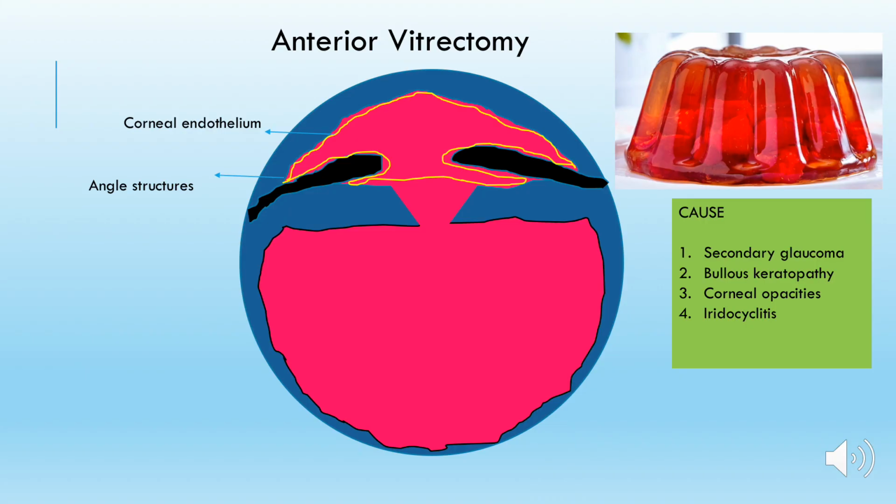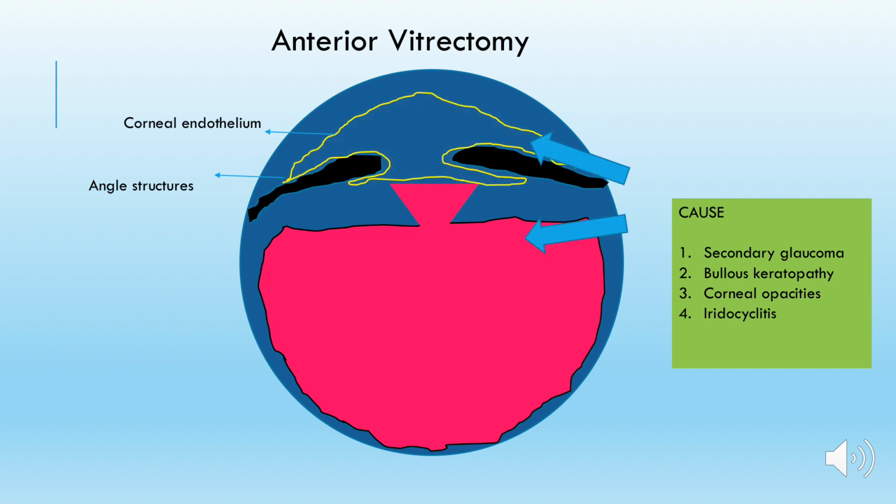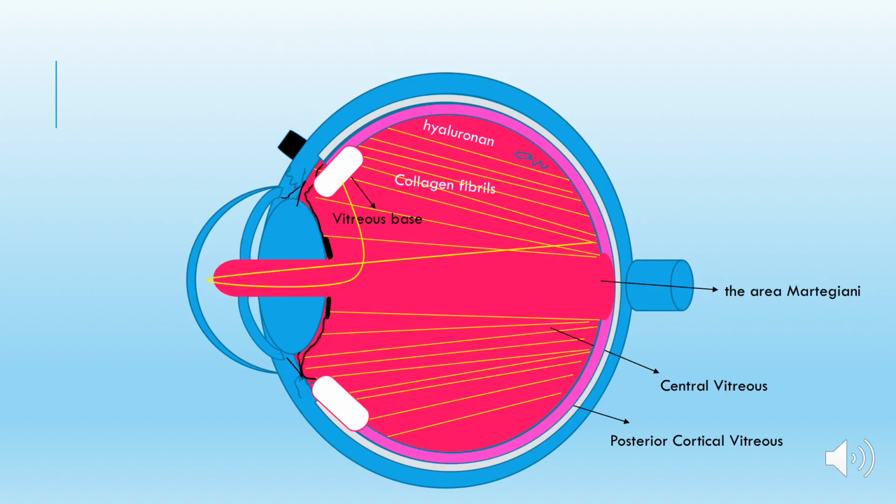Coming to the anterior vitrectomy, the aim is to clear the anterior chamber of the vitreous humor. One can approach it through the anterior approach or the posterior approach. When you take the anterior approach, one can use the irrigation cannula and the vitrectomy cutter, a vitrector, and use two ports to clear the anterior segment of the vitreous, or can go through the pars plana and take the posterior approach.